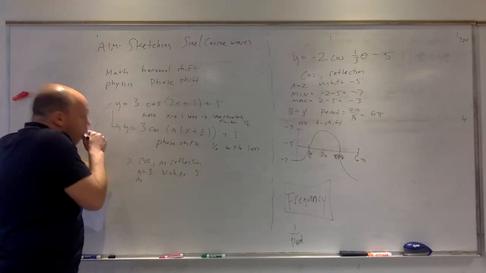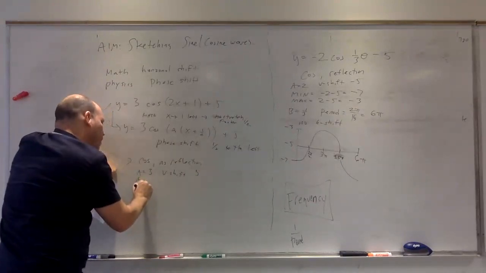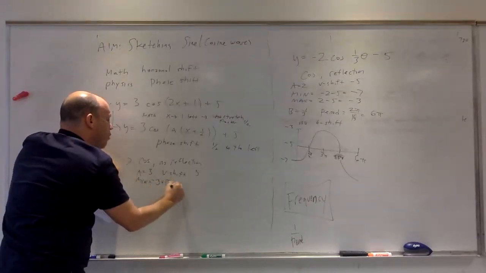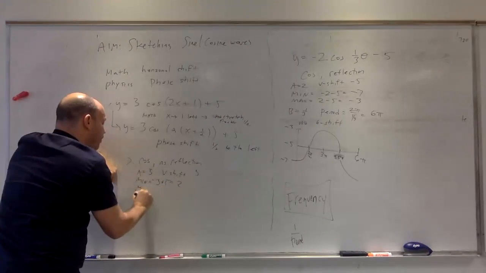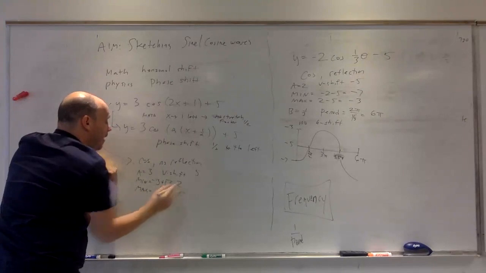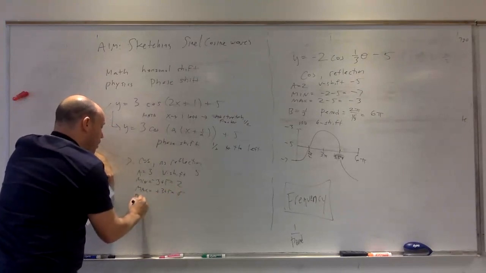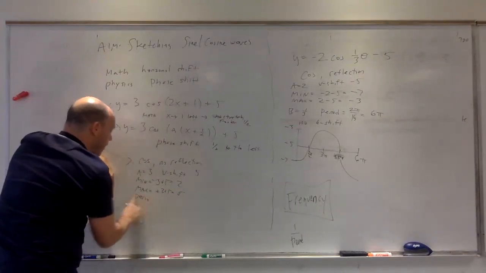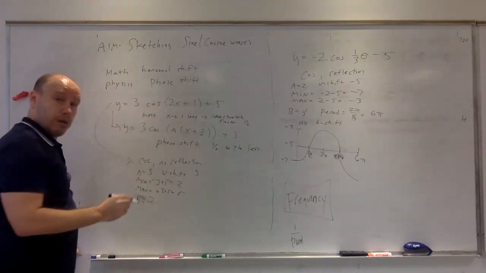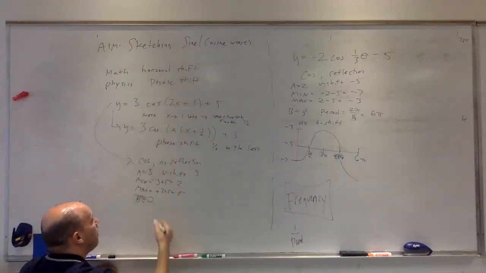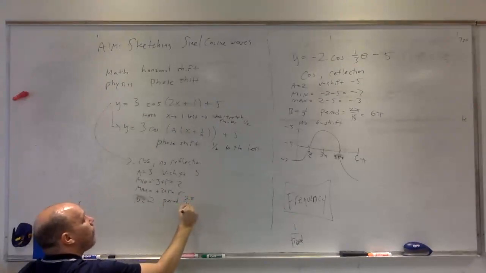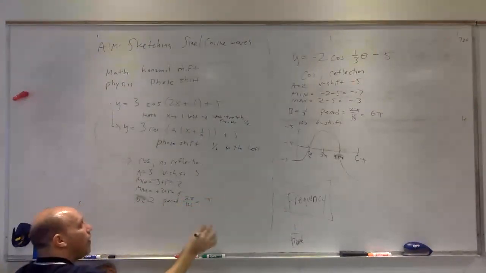So we know the minimum is negative 3 plus 5, or 2, and the maximum is 3 plus 5, or 8. We know the period. The b is 2, and therefore the period is 2 pi over the absolute value of 2, or pi.